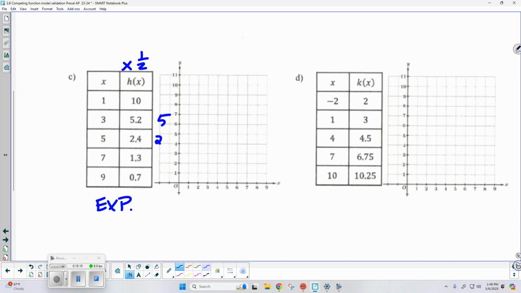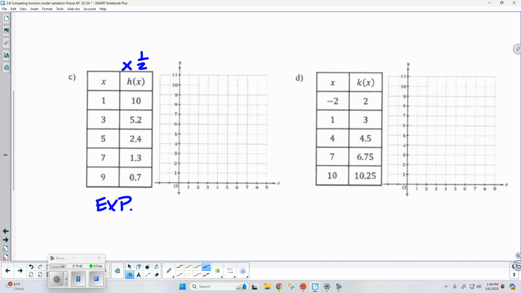Half of 5 is 2.5. Half of 2.5 is 1.25. And then what's half of 1.25? That's a point. So see, it's pretty close to what we got. So we could roughly see that pattern of proportionality in there. I'd agree that it's exponential.